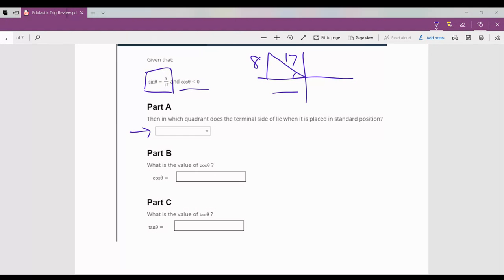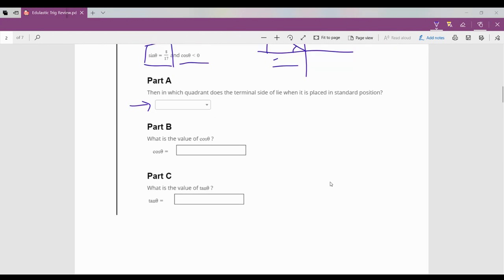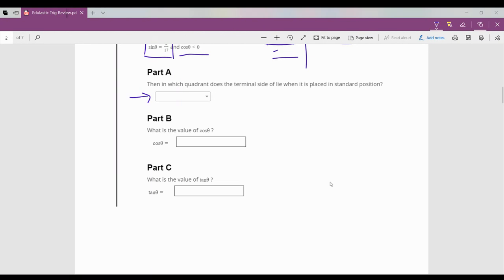But remember, it's to the left, so this is going to be negative, and then whatever number comes from when you do Pythag, a squared plus b squared equals c squared. Okay, so it's just going to be a negative value because of it being in the second quadrant. All right, onward. And then cosine is adjacent over hypotenuse, and tangent is opposite over adjacent.